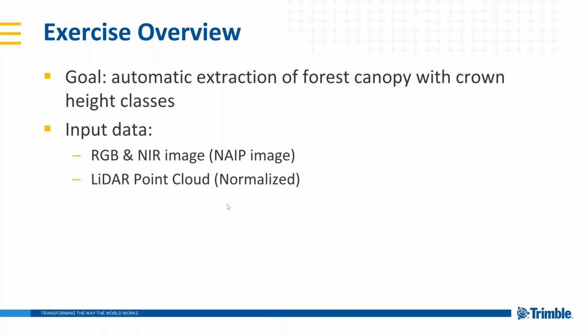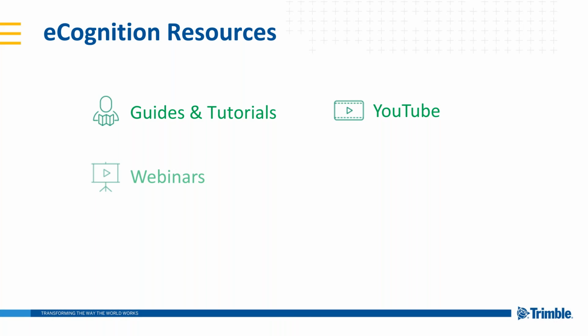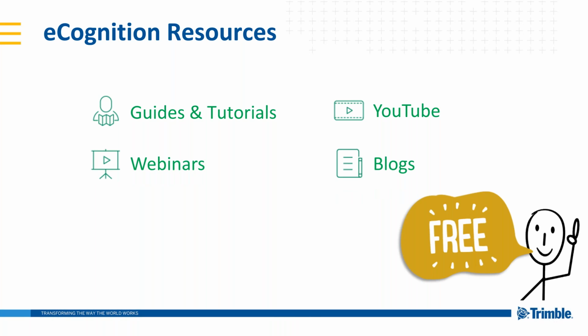Where can I get more information to speed up the learning process of this software? So we have a number of different resources available. There are guided tours and tutorials, YouTube videos that Matthias has already mentioned, of course, our webinar series, and we also have several blogs that can be subscribed to. And all of this is free material for you to use in learning, and you can reference these as often as you want. And you can also use the blogs to communicate with us if you have questions.